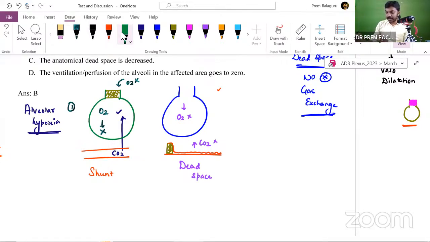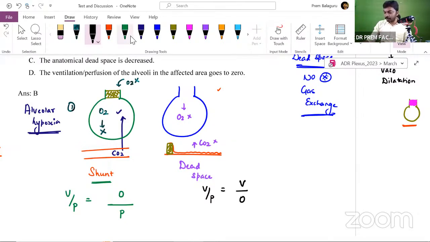So please understand, in shunting, what is the problem? When it comes to the ventilation perfusion ratio, there is going to be normal perfusion and zero ventilation. In dead space, there is going to be normal ventilation and zero perfusion, doctors. That's the scenario between dead space as well as shunting.